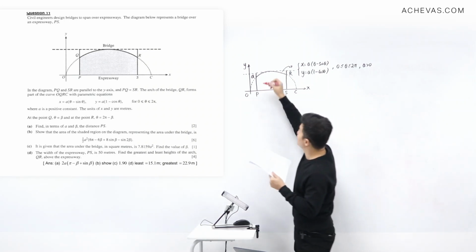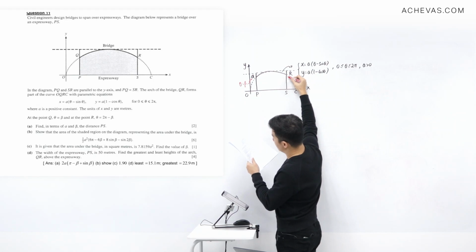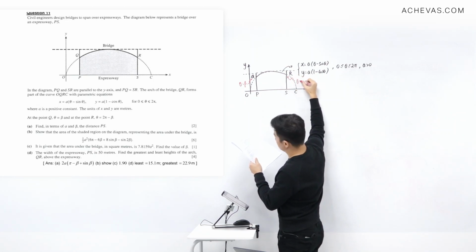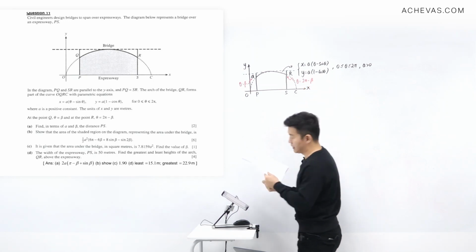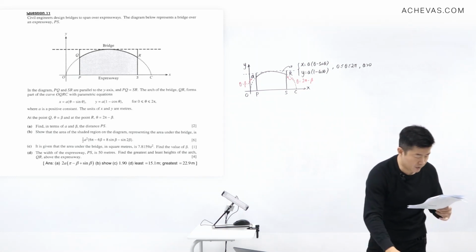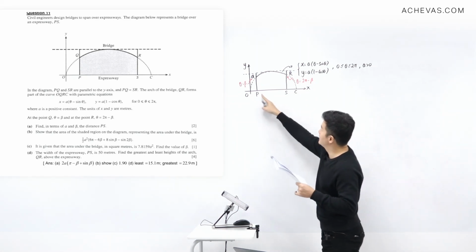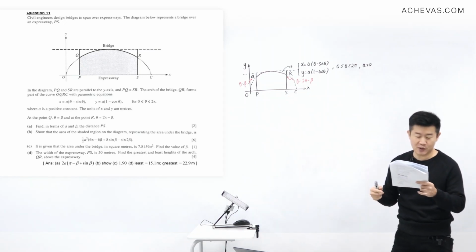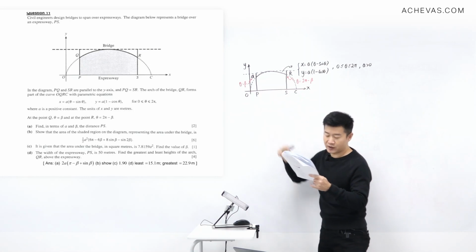So at point Q here, theta is equal to beta, and at point R over here, theta is going to be equal to 2 pi minus beta. So in part A, we want to try to find PS. PS is going to be this distance. So we can simply make use of the x coordinate of this minus the x coordinate of this.